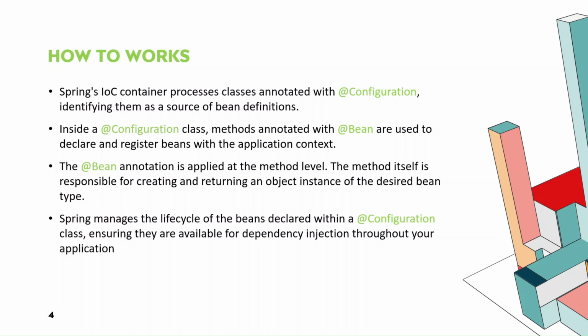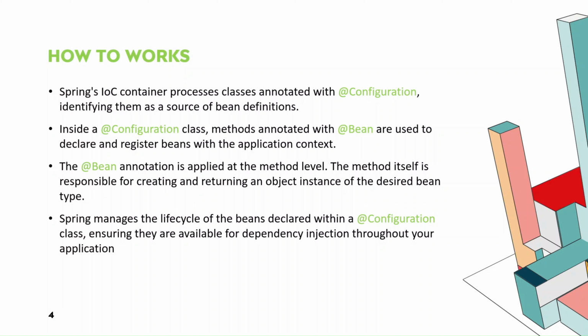How does it work? Spring processes classes annotated with @Configuration, which means whenever Spring starts the container, it will find all the configurations, components, and other annotations, load the classes, create objects, and make sure those objects are available in the application context.